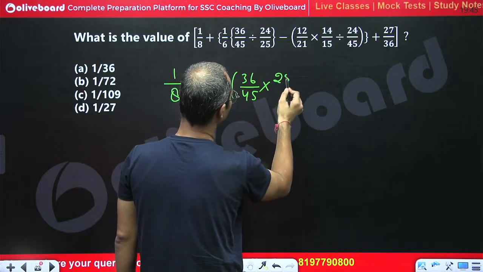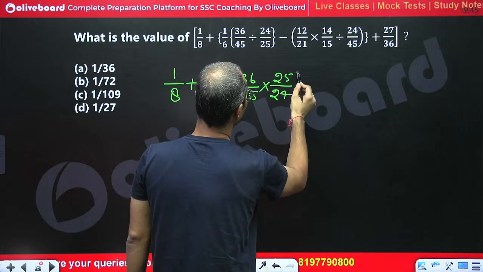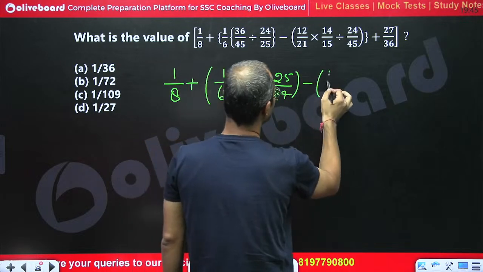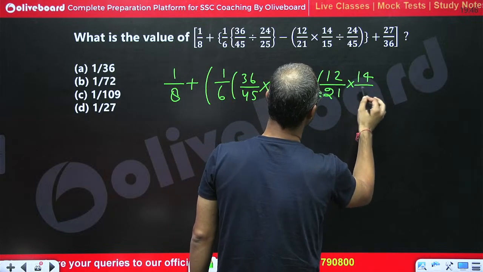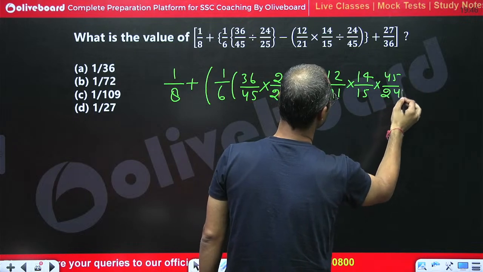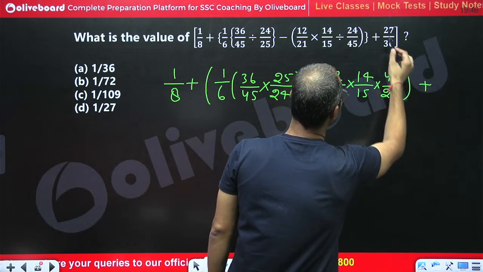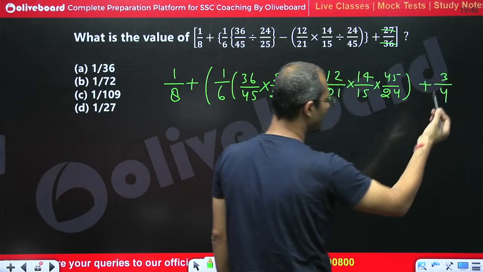So this would become multiplied by 25 divided by 24, minus 12 divided by 21 into 14 divided by 15 into 45 divided by 24 plus, this would be cancelled out by 9, 9 threes are 27, 9 fours are 36, right?